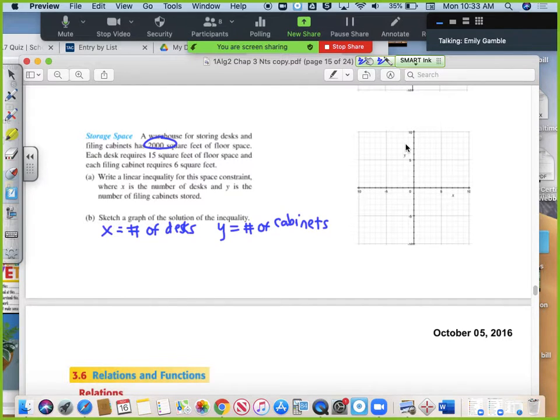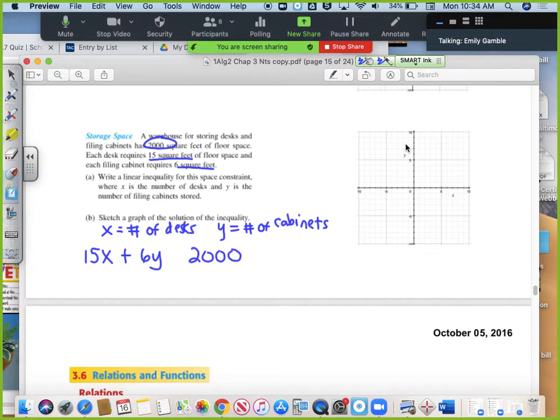And each desk requires 15 square feet of floor space. Each cabinet requires 6 square feet. So if the desks require 15 square feet, this would be 15x. If the filing cabinets require 6 square feet, this would be 6y. The sum of these two square feet cannot exceed 2,000.